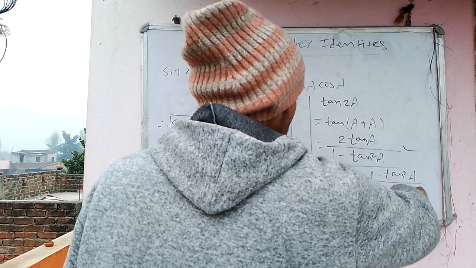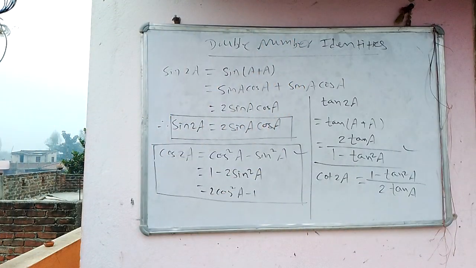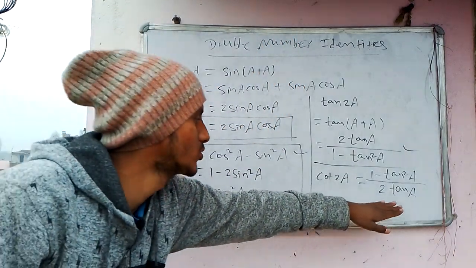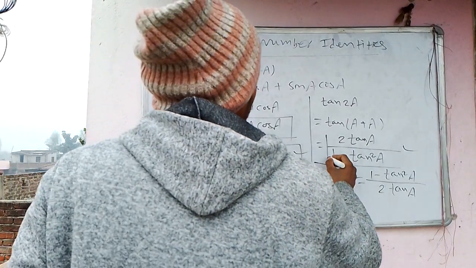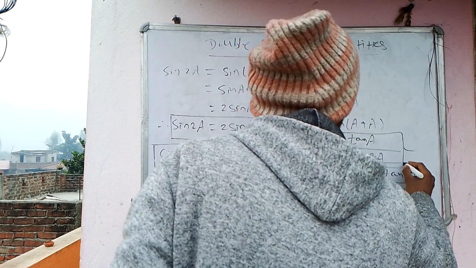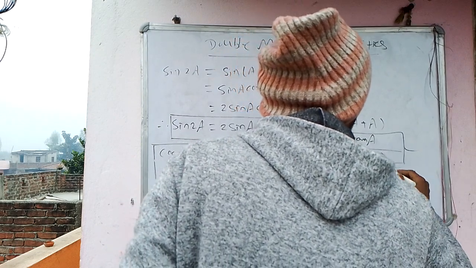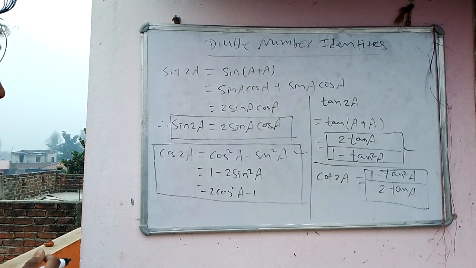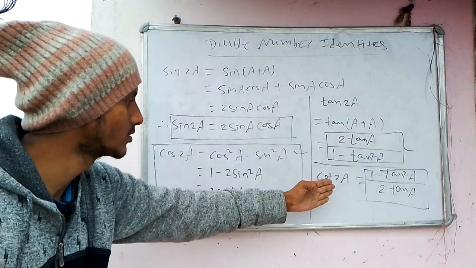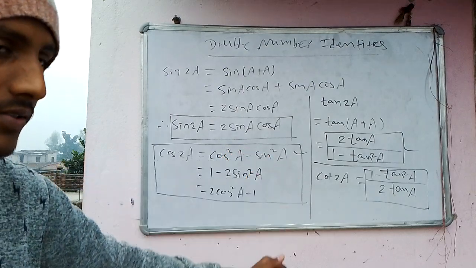So these are the new identities that we wanted to derive. Tangent 2A is that, and cotangent 2A is this.